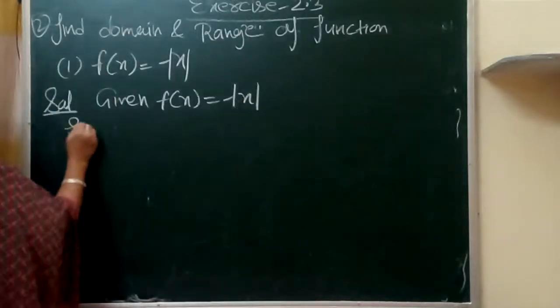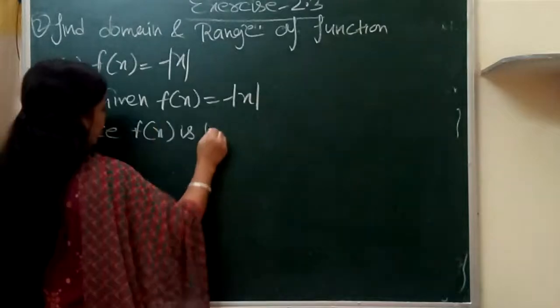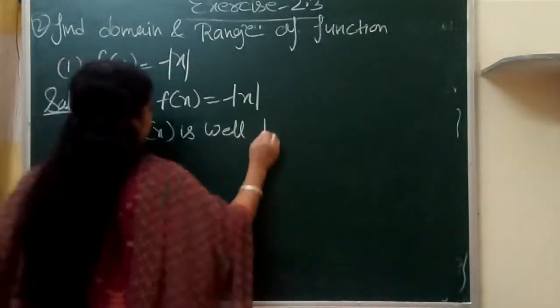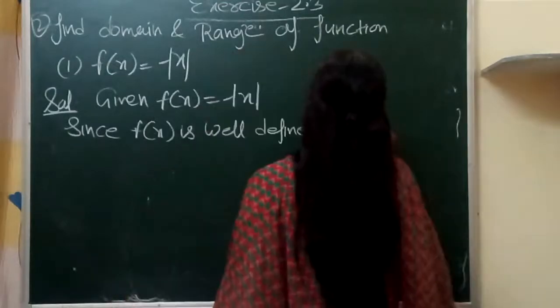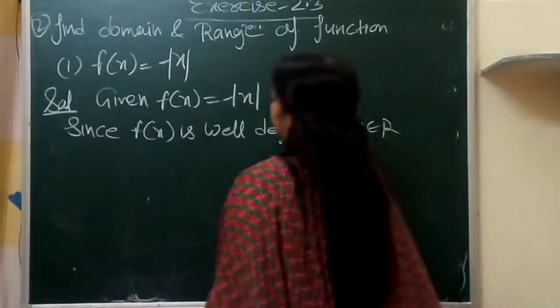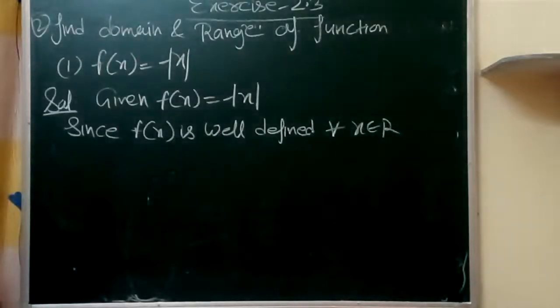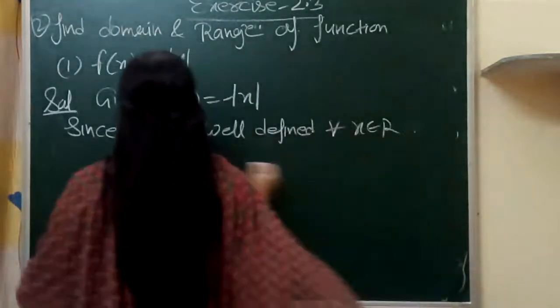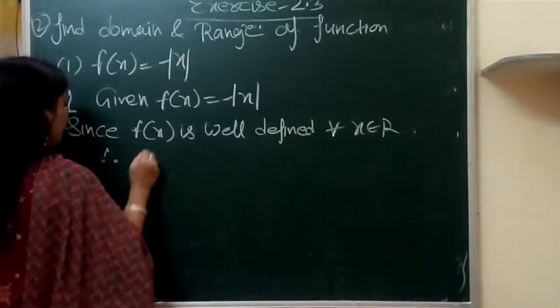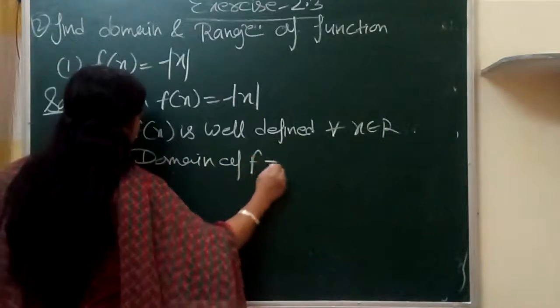Therefore, since f of x is well defined for every x belongs to R. Means mod x is positive, so f of x is well defined for every x belongs to R. Therefore, domain of function is equal to R.